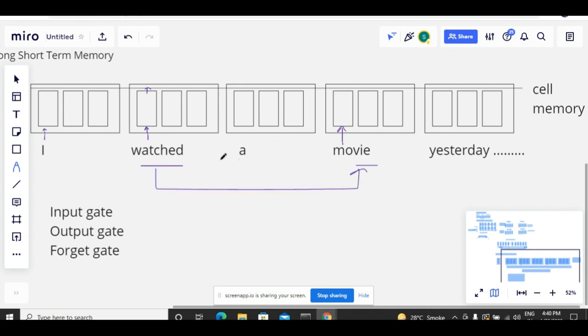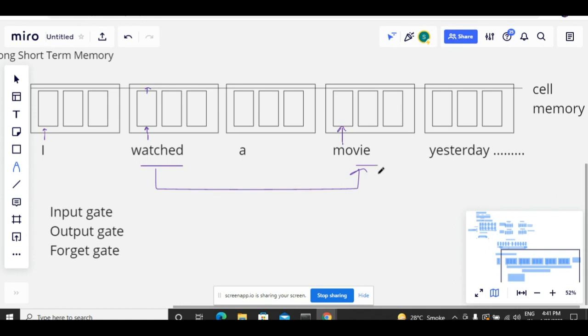Now it is time that we forget this information from the memory, and hence the forget gate will remove this information from the memory, because we have found the relationship between watched and the movie. Similarly the same process will continue.